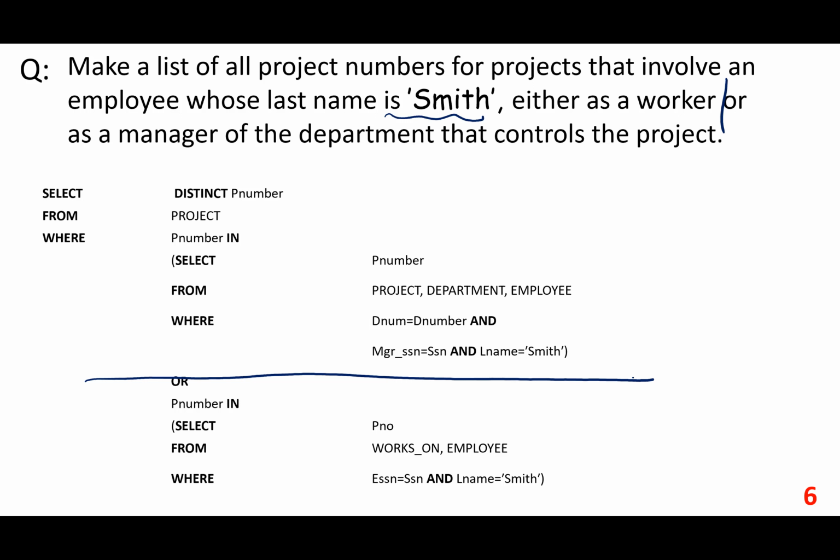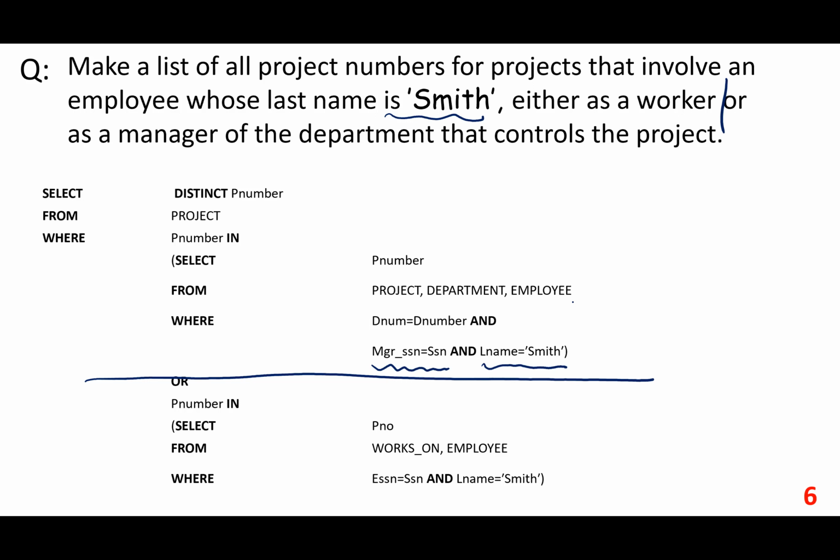In what? Project number, for the manager role, because the manager SSN equals SSN and last name equals Smith. So the first part is the manager's role.